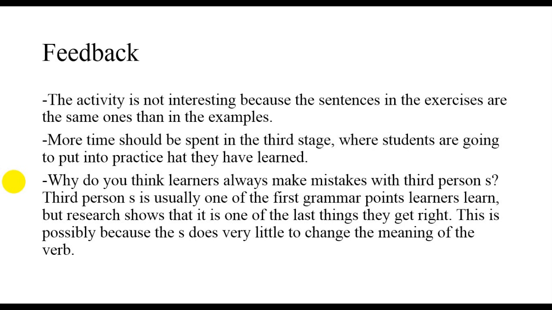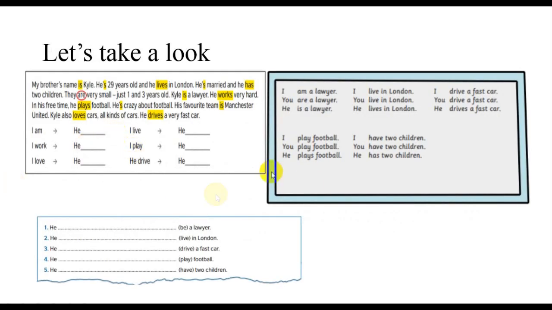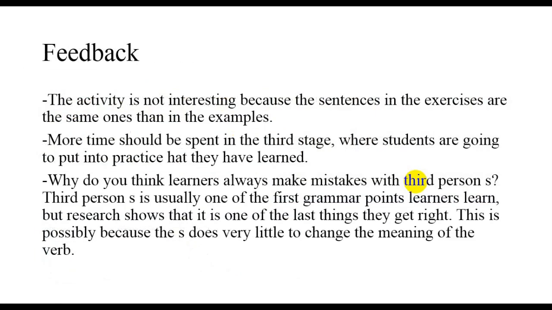Maybe this is why many students have problems because, for example, if you add an s, you're not actually changing anything. You're just being grammatically correct, but it means the same. So maybe they don't pay attention to it for that. So that's why many topics of grammar are hard to learn, because although they're not very necessary in terms of communication, they're actually necessary in order to be grammatically good.